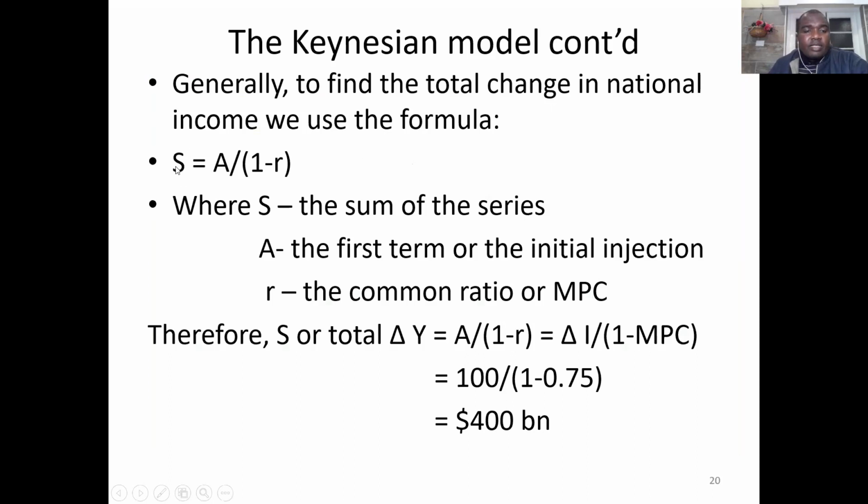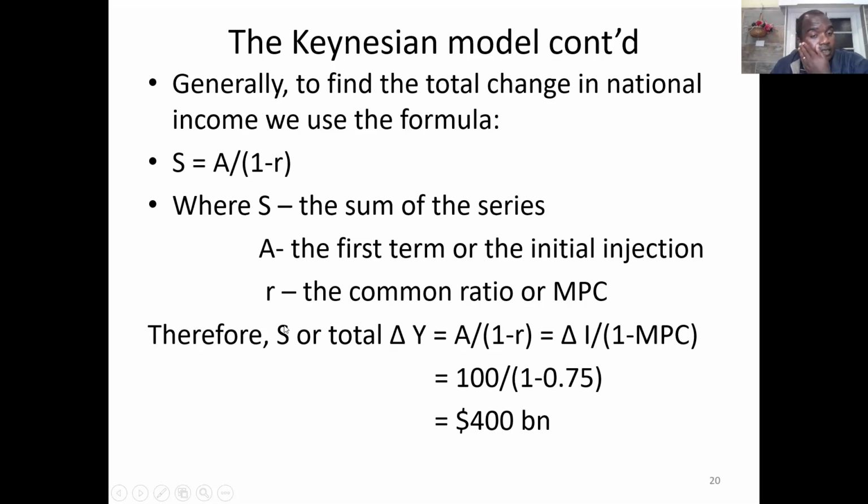Capital letter S, which is the sum of the entire series, equals capital letter A, which is the first term or the initial change in an injection, divided by 1 minus r, where r is the common ratio or the marginal propensity to consume, which links the figures in different stages or rounds of expenditure.